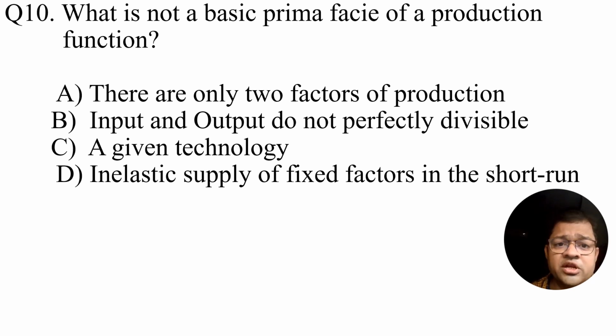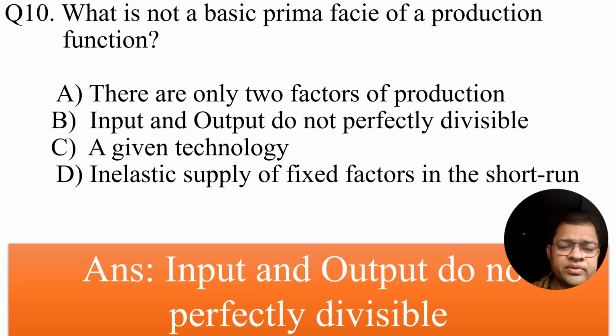If they are not perfectly divisible, you cannot put forth a correct production function. So it is a wrong statement. A given technology needs to be constant, and inelastic supply of fixed factor in the short run. In the short run, you know that capital remains constant or inelastic. So your choice of the second one is the wrong statement.